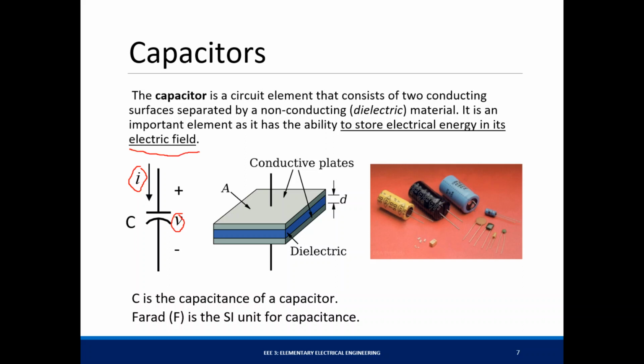Okay, so for your inductor, magnetic field; for capacitor, electric field. And we represent the capacitance of a capacitor with the variable C, and the unit for capacitance is farad, which is the SI unit for this quantity.